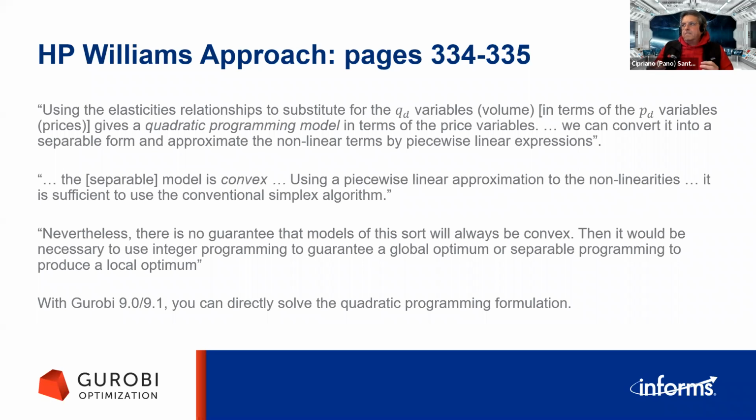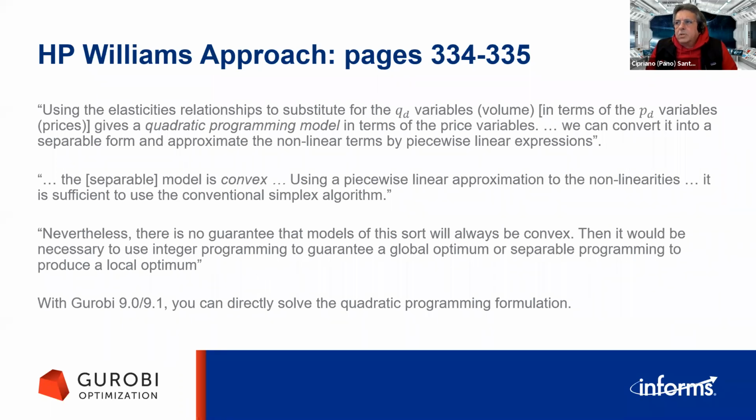And then he used a transformation that makes the problem separable in terms of the price decision variables. It's going to be nonlinear, but separable. And it happens that this problem is convex, so he was using the conventional simplex method to solve it.